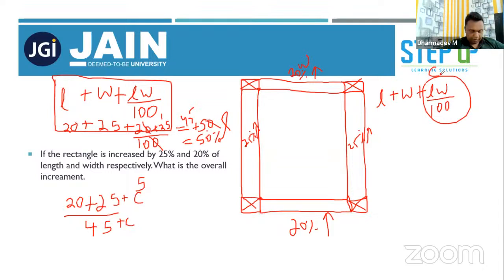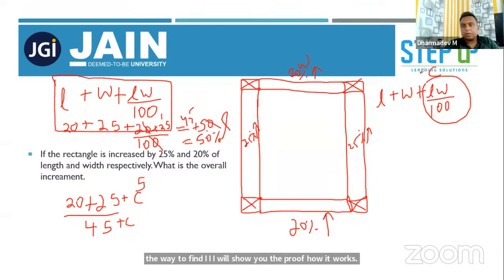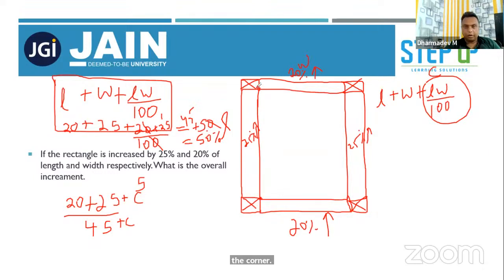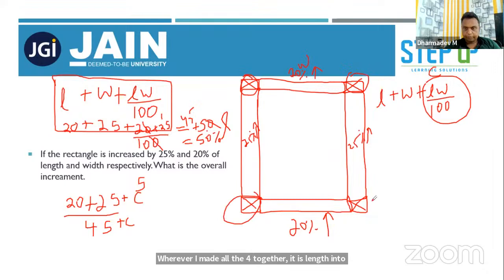Yes, the way to find. I will show you the proof of how it works. No worries. So the corners: length plus width plus the corner. The corner is always length into width by 100. So the X marks wherever I made, all the 4 together, it is length into width by 100 always. Clear with that?